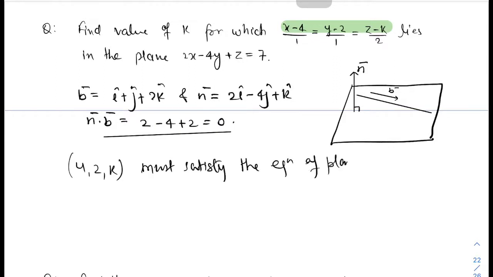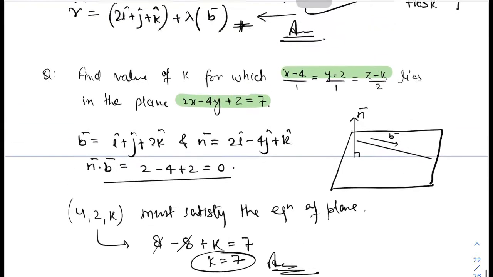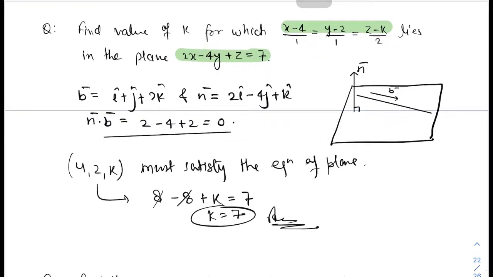Plane. So we will put this point in the equation of the plane. We will get 2 into 4, that is 8, minus 8 plus k. You have to put the k in the place of z. So the k comes out to be 7. So the value of k was asked, we have calculated it to be 7.